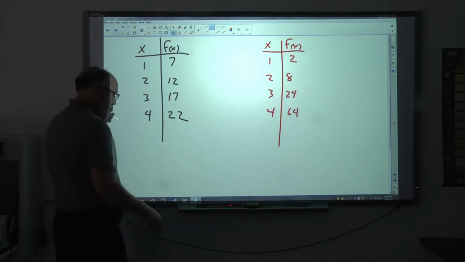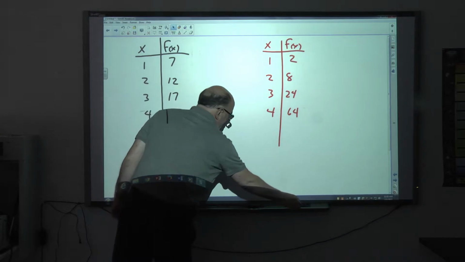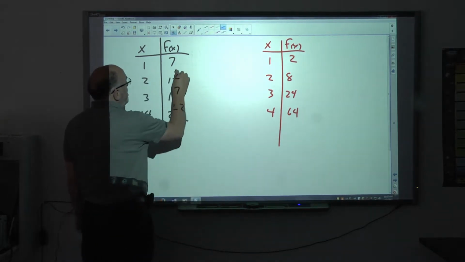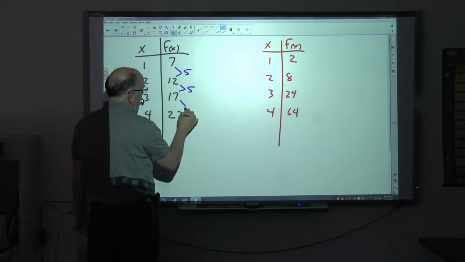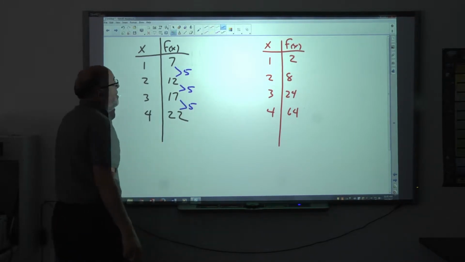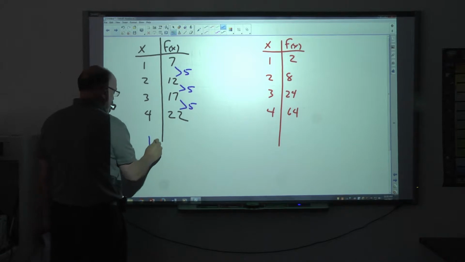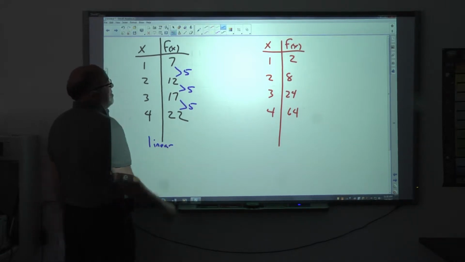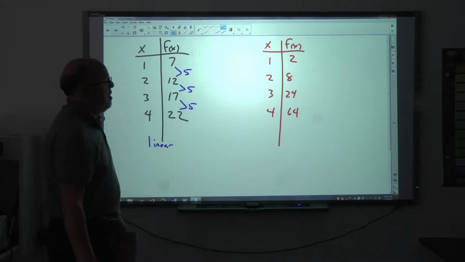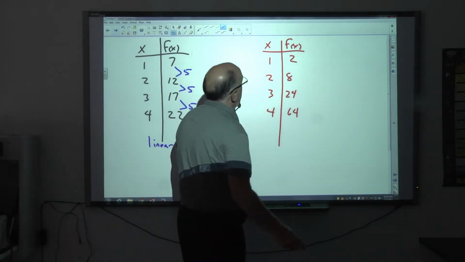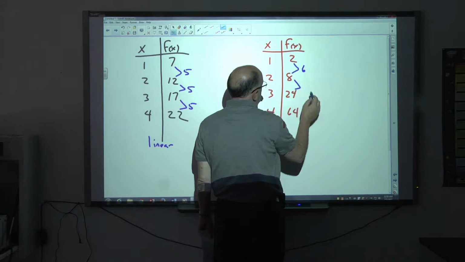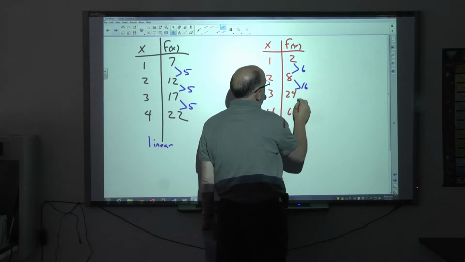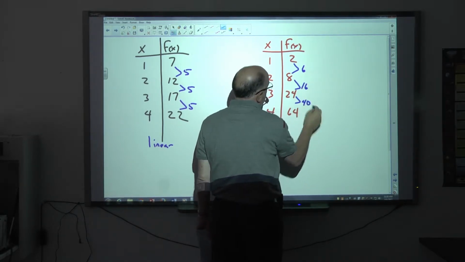If I look at the first one, the difference is 5, here the difference is 5, here the difference is 5. So this one is linear. If I look at the other one, the difference is 6, here it is 16, and here it is 40.